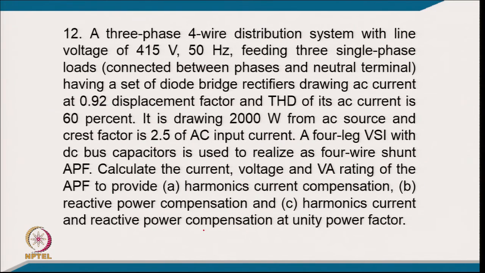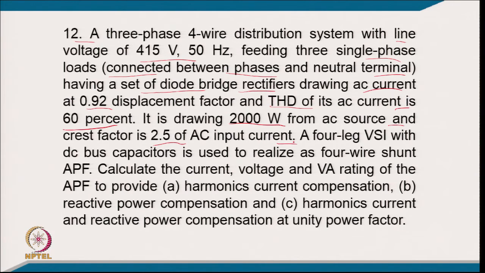So, coming to another numerical problem, the 12th: a 3-phase 4-wire distribution system with line voltage of 415 volt 50 Hz feeding 3 single phase loads connected between phase and neutral, having a set of diode bridge rectifiers drawing an AC current at 0.92 displacement factor, and THD of the AC current is 60%, drawing 2000 watt from the AC source, and the crest factor of the AC input current is 2.5.